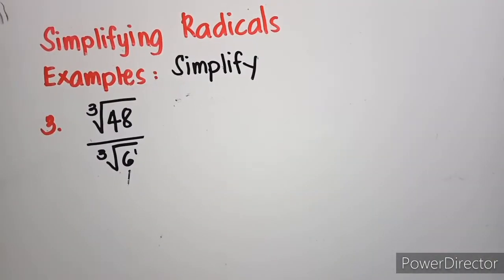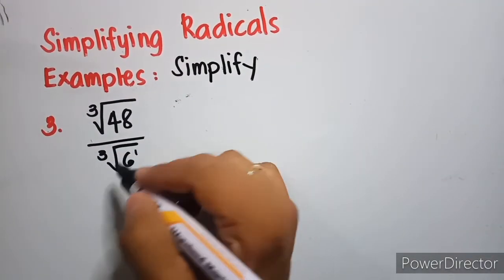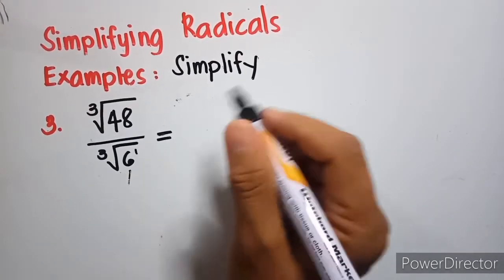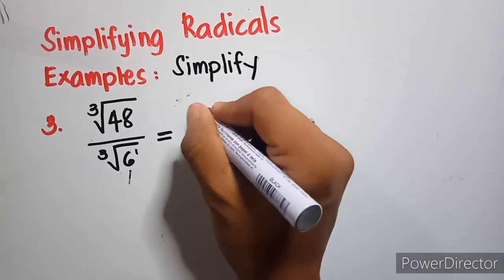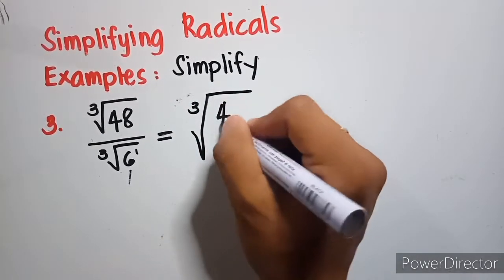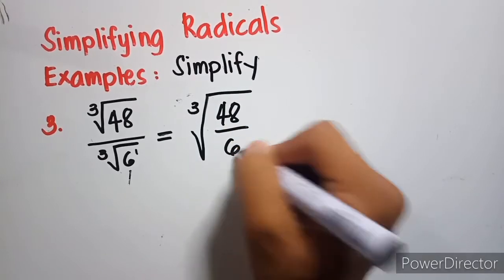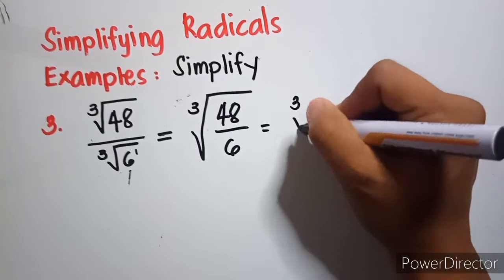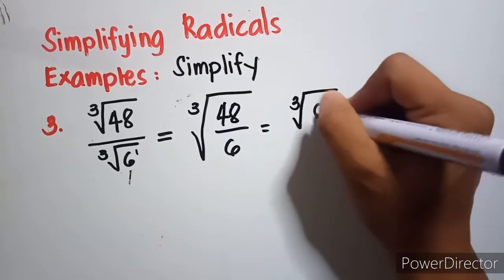Still in example number 3, so cube root of 48 divided by cube root of 6. So, pwede mo na siyang i-apply ang laws of radical. So, pwede mong isulat na cube root of 48 over 6. So, this is equal to cube root of 48 divided by 6 is 8.